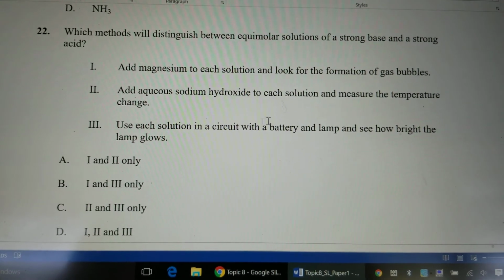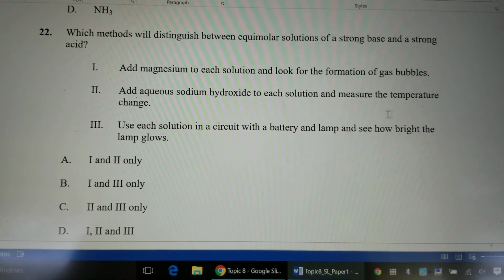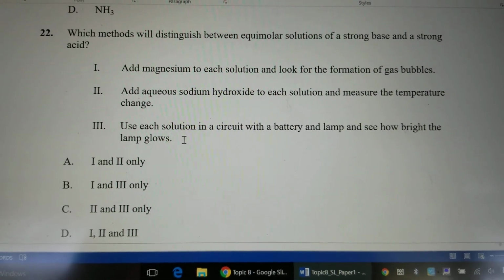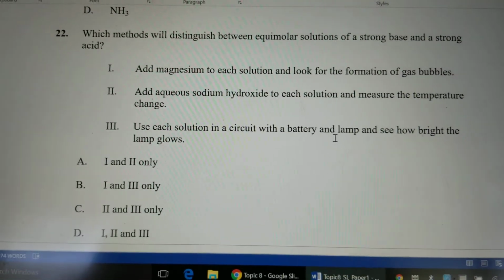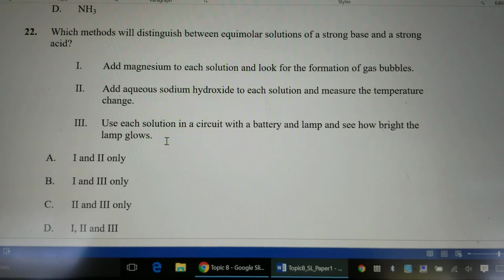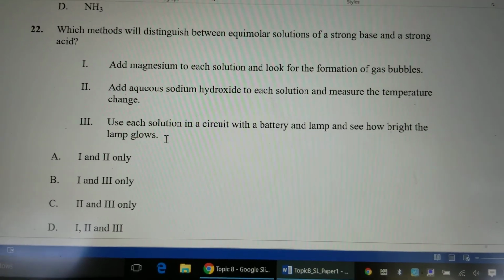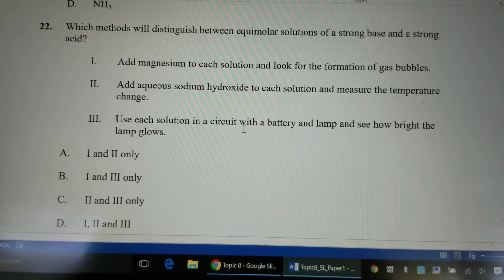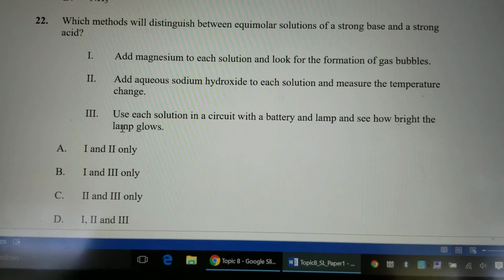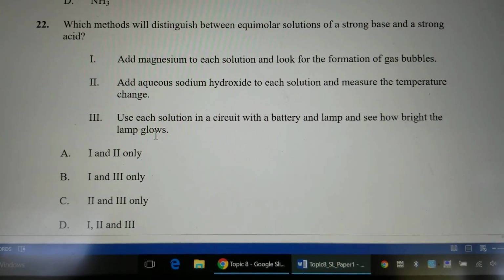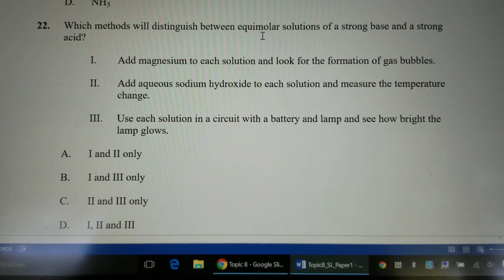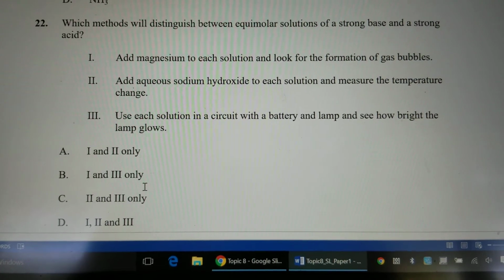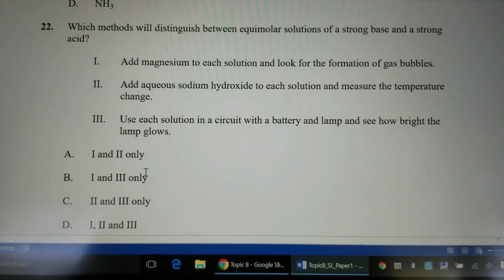You can also measure the change in temperature. Number 3 is not the correct answer because it doesn't say it's connected to a voltmeter, so you wouldn't know, you would just be looking at the brightness. So you wouldn't be able to know if they're equal molar. So you need quantities, okay? And so the answer is letter A, 1 and 2 only.